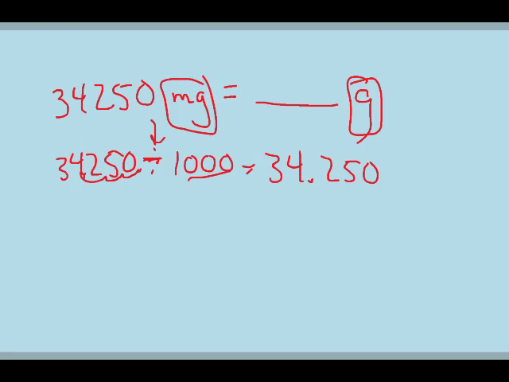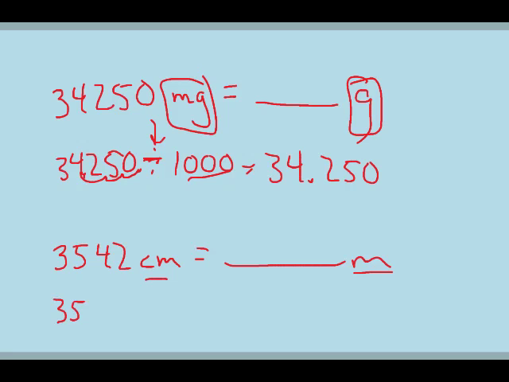Okay. Now let's get to the exception. You'll notice on the far right side of your table it says, unless the problem involves centimeters, then we're going to use 100. So a good example of that is something like 3,542 centimeters equals how many meters? As always, on any of these, I'm going to first check bigger to smaller, smaller to bigger. So I think about centimeters to meters. That's going to be smaller to bigger, right?